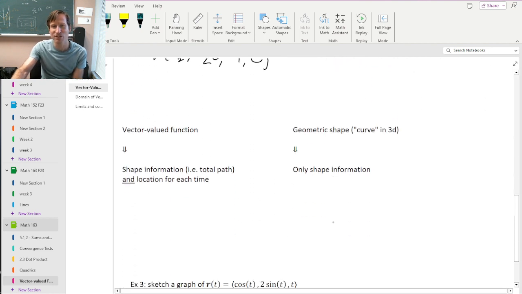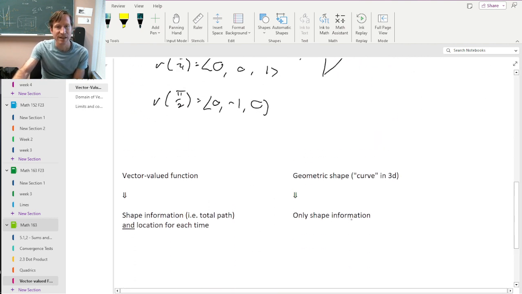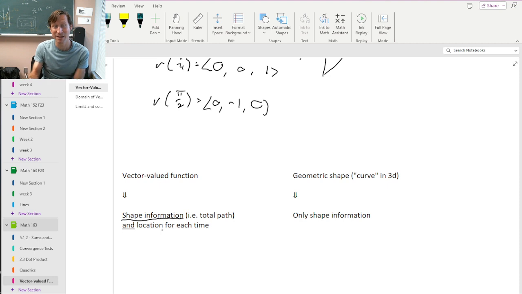So for vector valued functions, the graph has the shape of the graph, the total path that it traces out, but it also labels each point on that path with some t value. This is as opposed to just the geometric shape that is the curve in 3D, which only has shape information.